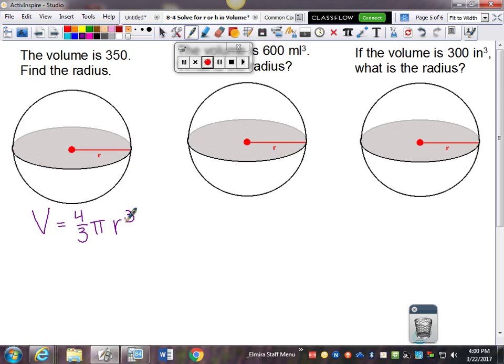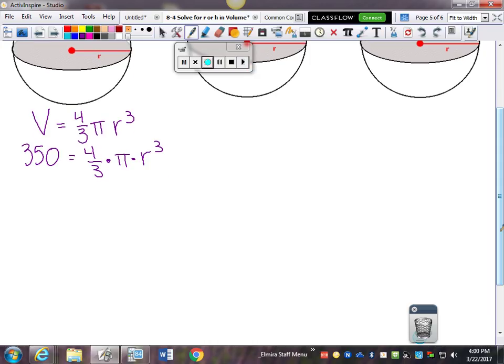So if I tell you that the volume is 350, the only other variable in here is r. So I'm finding radius. Okay, same deal. I'm going to divide both sides by all the things that are numbers.